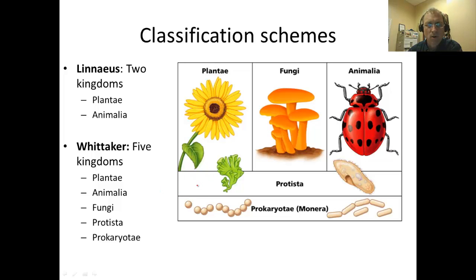Whittaker also recognized two unicellular kingdoms, the protista, which were composed of eukaryotic cells, and as we'll see when we talk about eukaryotes in chapter 12, the protista are an incredibly broad range of organisms. Some of them are photosynthetic and some of them are not. And then finally, Whittaker recognized that the prokaryotes were very different in cellular structure, and these were given their own kingdom.